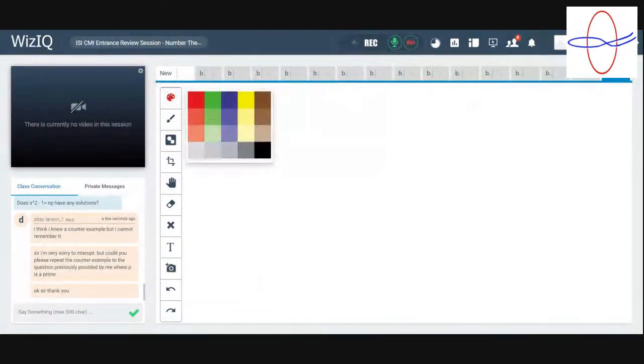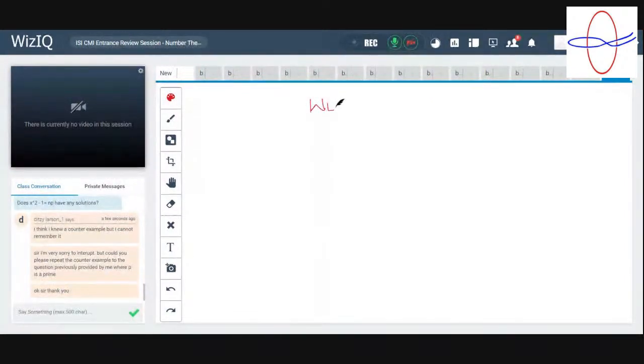Another famous result is Wilson's theorem. This can be used to test for primes, as we will see.